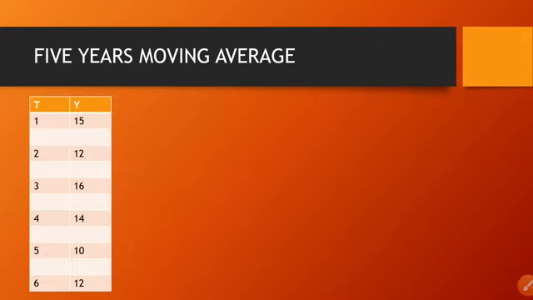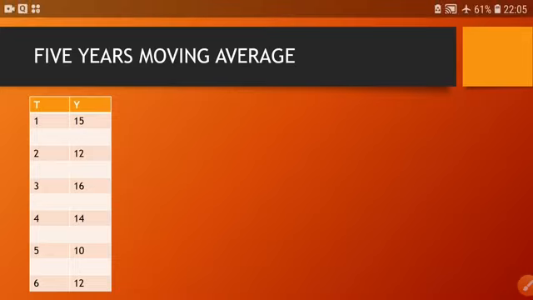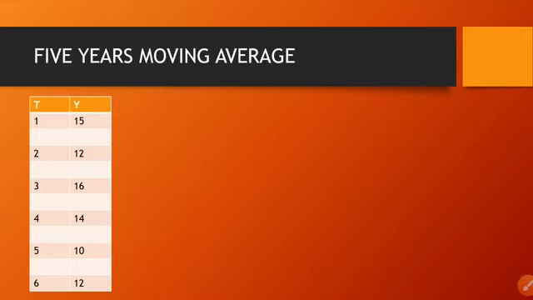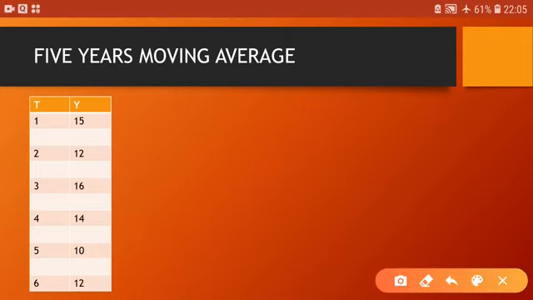In 3 years you remember that you have to take 1 year itself, one up and one down. In 5 years what we will do is take that year itself, 2 up and 2 down. See, what you need to do is take 16 itself.